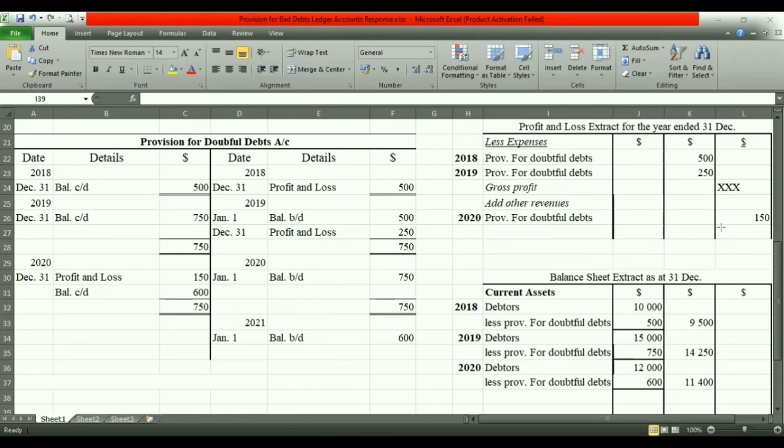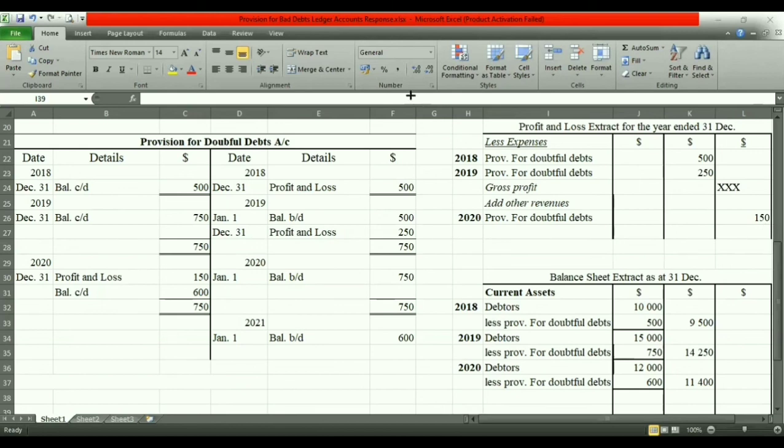However, in 2020, where there is a reduction, you show that as a revenue. But we had put the gross profit because usually revenues are added to gross profit. So you want to show the full effect. So you write gross profit, add other revenues, and you put in the item that you reflected as a revenue, which is a provision for doubtful debts, and that is 150.